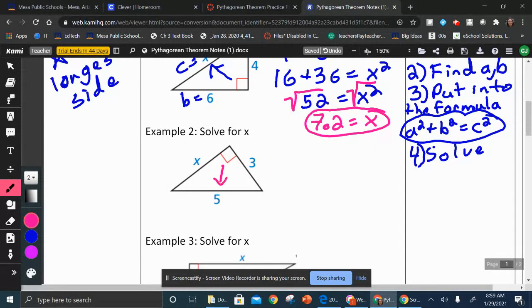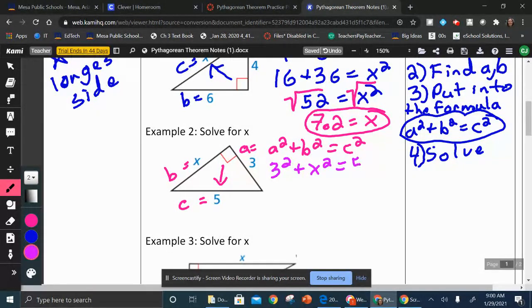Okay, so we're going to solve for x, everybody. So look at this one. Okay, so c is 5. Okay, our base is x. A is 3. Okay, so remember, it's a squared plus b squared is equal to c squared. Okay, so we're going to substitute that in. So I'm going to go 3 squared plus x squared is equal to 5 squared. Simplify. 3 squared is 9. 5 squared is 25.